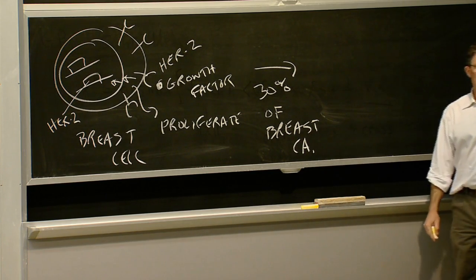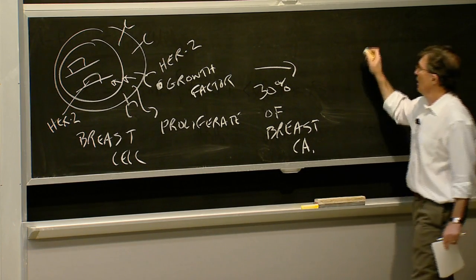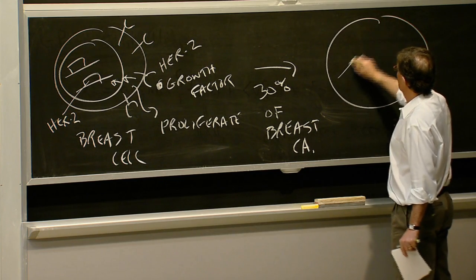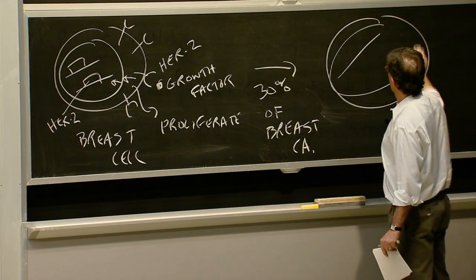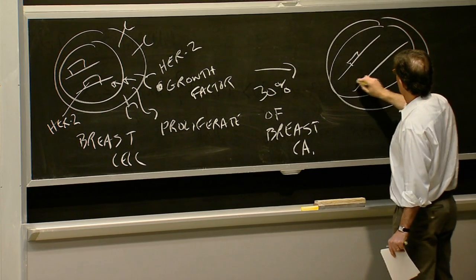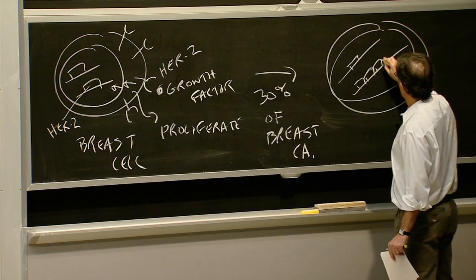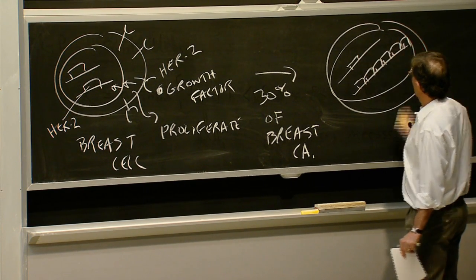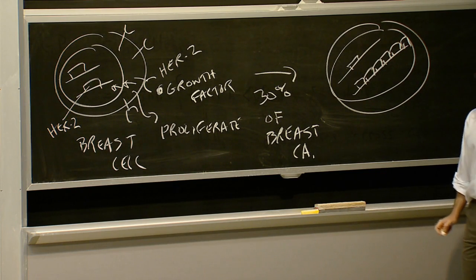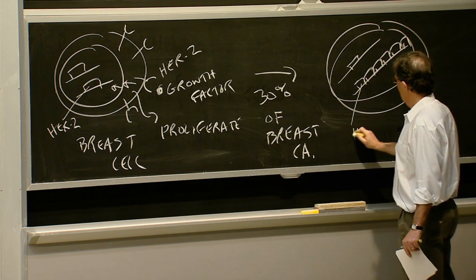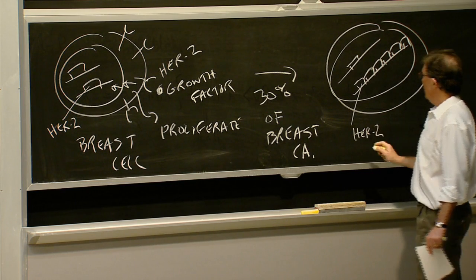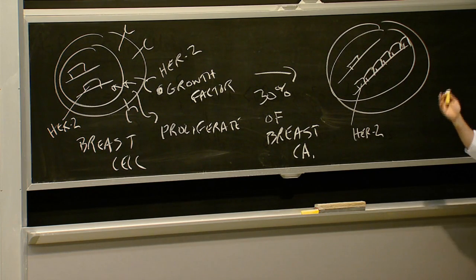About 30% of breast cancers carry a mutation that results in amplification of the HER2 gene. So we don't have two copies anymore. We've got 10 or 20 or 50 or 100.